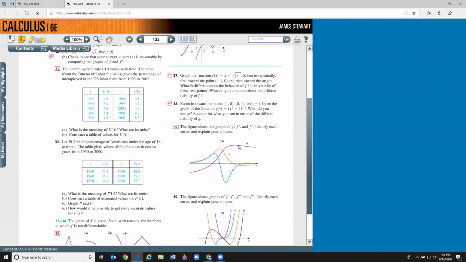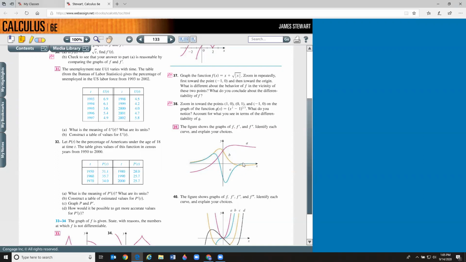So therefore, if we look from this point where it looks like it went from increasing to decreasing straight down, we see B. So in this graph, the derivative of A is B, and the derivative of B is C.